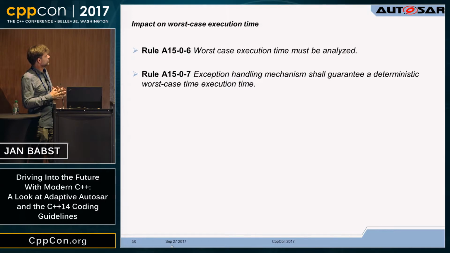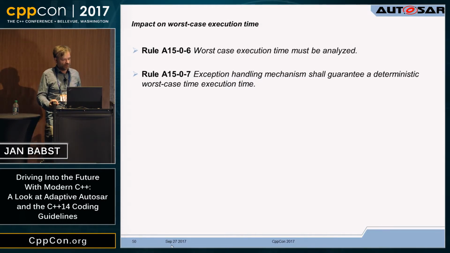You have to measure it, of course. You have to analyze the behavior of your runtime system, or you have to go ask a compiler vendor to provide this guarantee for you.